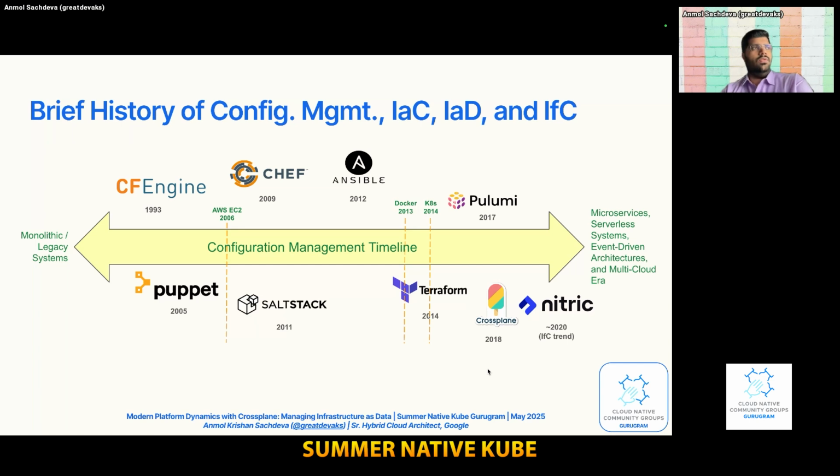Nitric is an infrastructure from code pattern wherein you really don't need to write any definitions for infrastructure. Rather, whatever application code you write, based on decorators or SDK related invocations, the underlying infrastructure first gets inferred. If you are writing code which requires a message queuing system, it gets inferred that message queuing is required. It will first go ahead and deploy the message queuing system in the required provider or cloud platform.